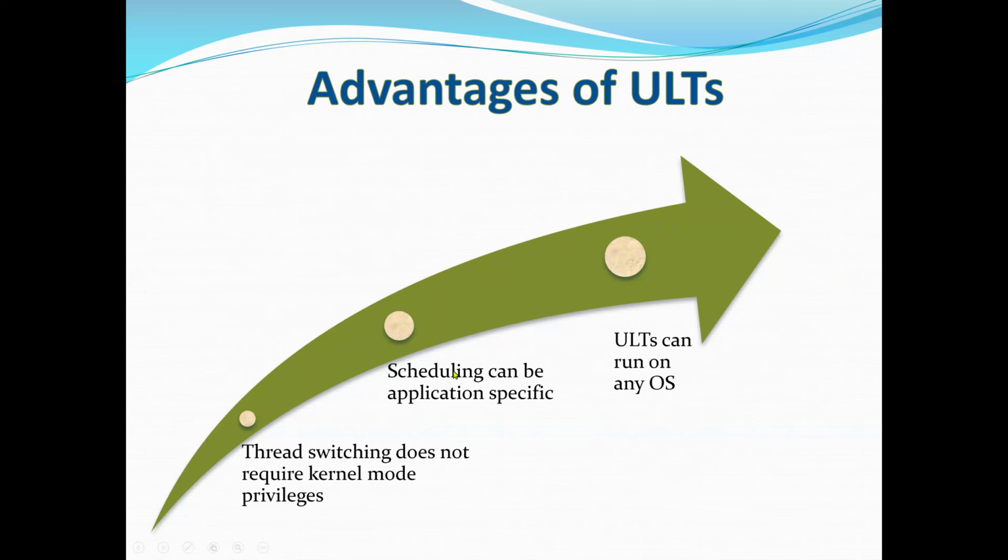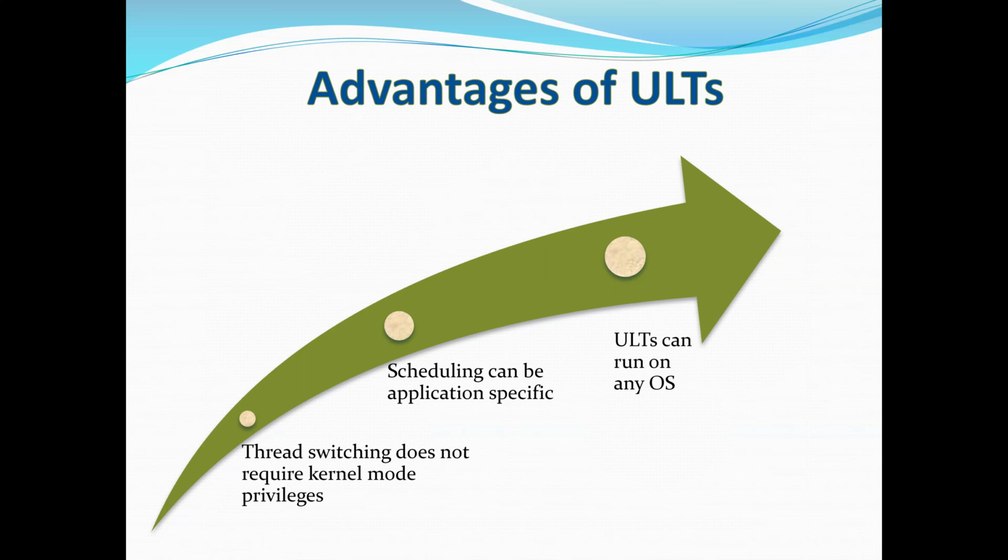Secondly, scheduling can be application specific. One application may benefit most from a simple round-robin scheduling algorithm, while another might benefit from a priority-based scheduling algorithm.